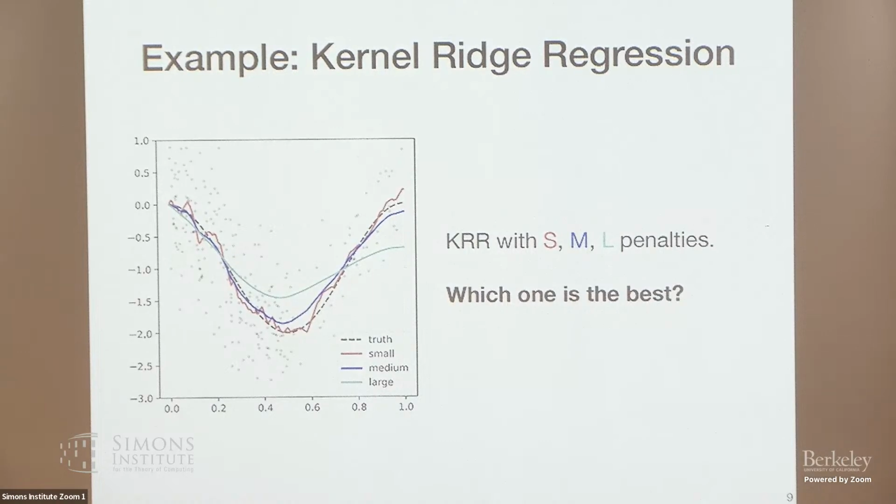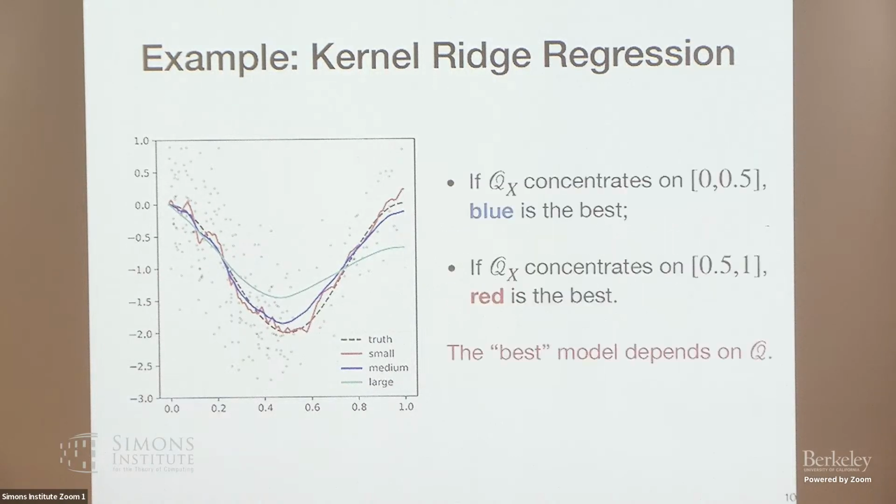Then if you look at this figure, it depends on how you evaluate the function, okay? So let's say, if you focus on the performance on the left from 0 to 0.5, then the blue one is the best. Okay, you can see that visually, or you can do some calculation.